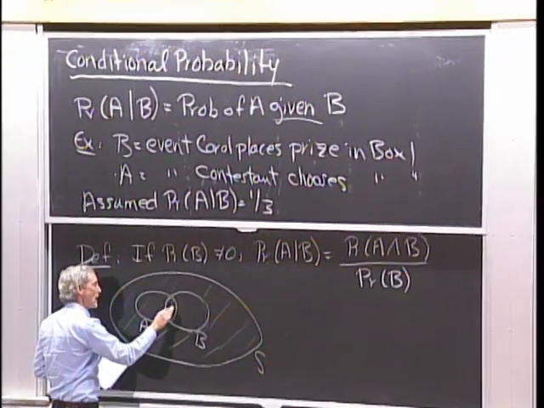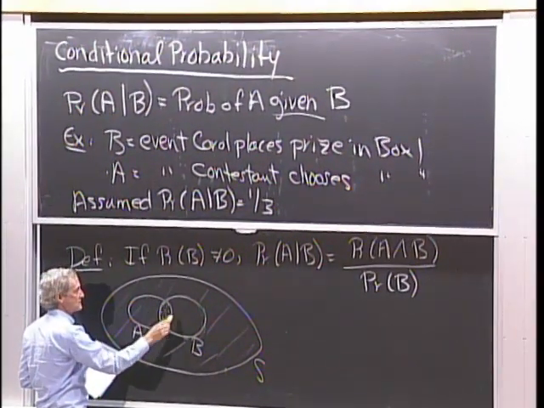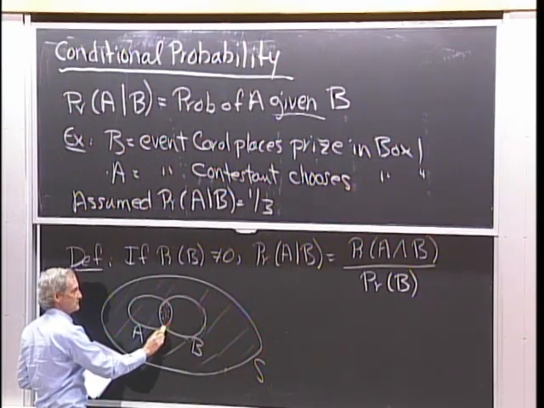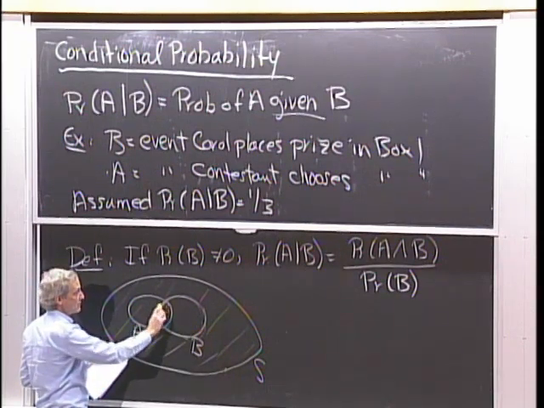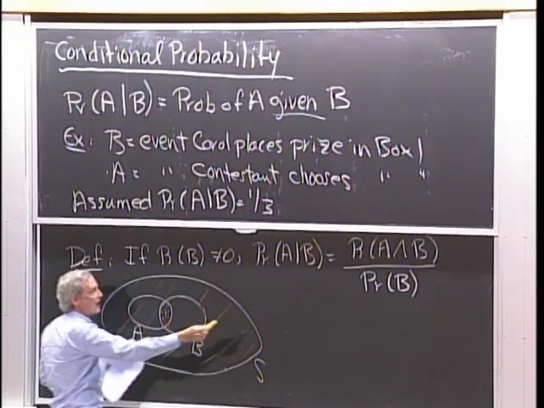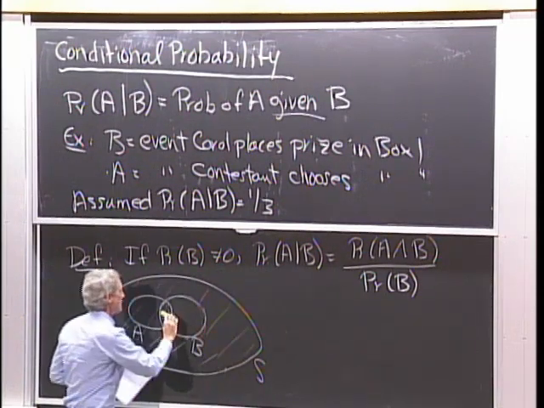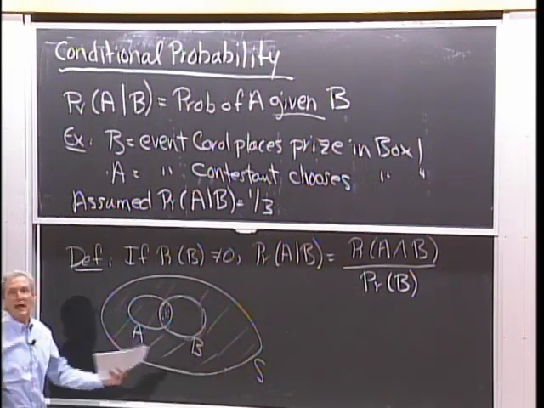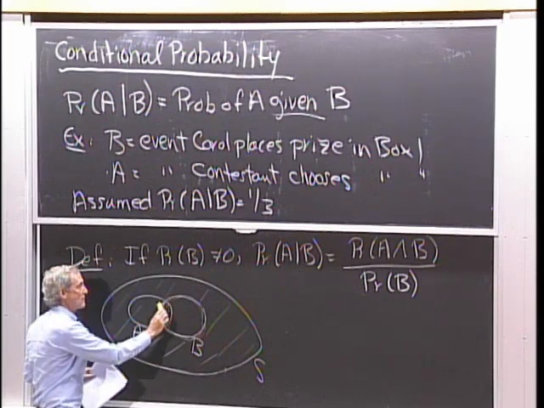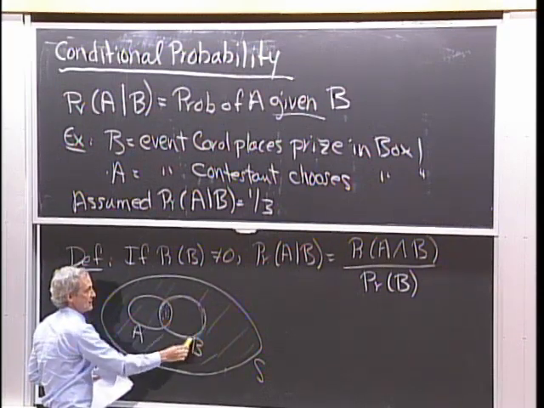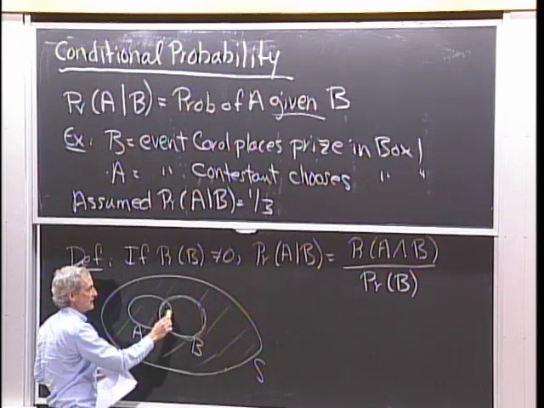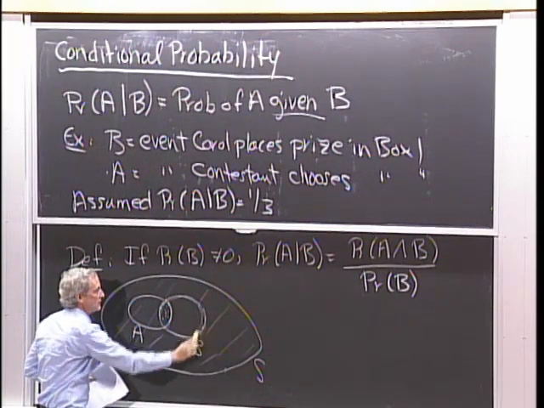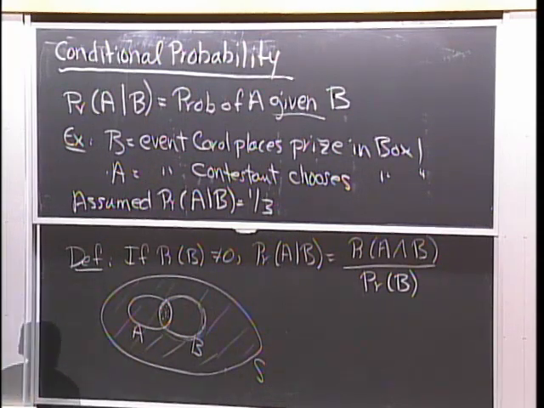Well, this is just A intersect B, because you still have to have A happen, but now you're inside of B. And then we divide by the probability of B, so we normalize this to be probability 1, because we're saying B happened. We're conditioning on that. Therefore, the probability of these outcomes must be 1. So we divide by the probability of B. So the probability of A given B is this share of B, weighted by the outcomes.